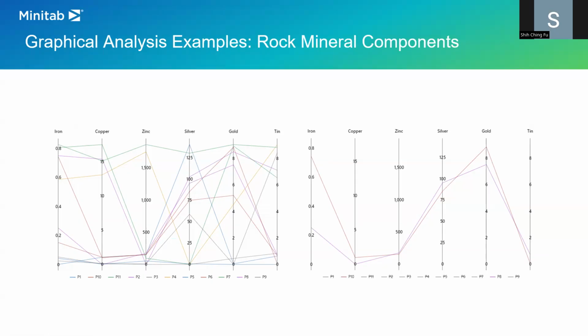So if the difference is okay, and they are very similar, suppose we just produce silver, can I use similar process parameters to process these different rocks? So it could be similar, which means when we process them, it could be similar. So we're going to save a lot if we do the processing. So these are just graphical analyses to understand different rocks over different components.